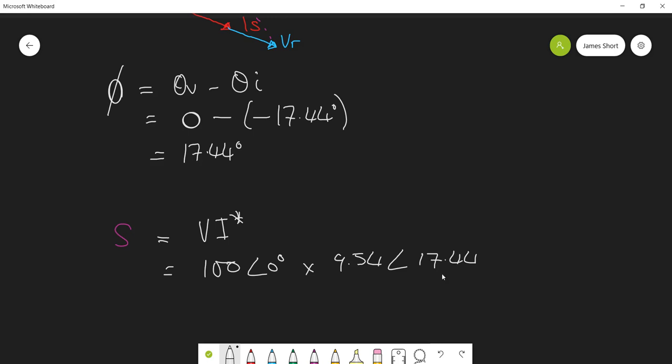Here's why we take the conjugate, just to reiterate that. The angle of the current is negative 17.44, but the impedance angle, which is what we want, is the positive of that, so you times that by minus 1.